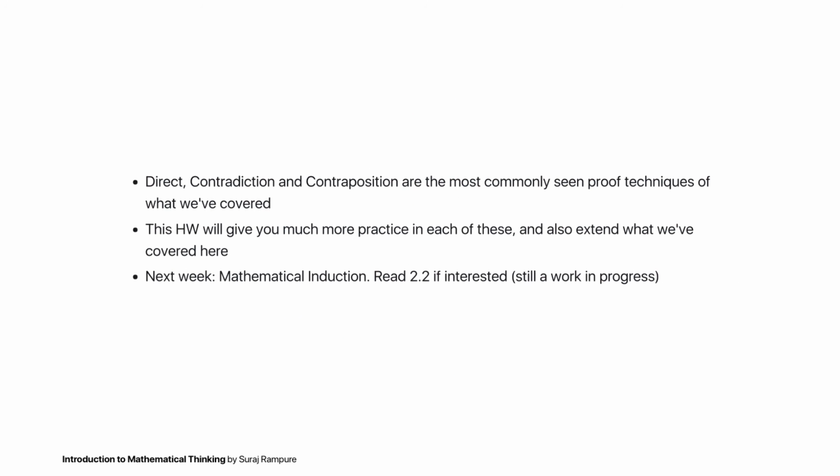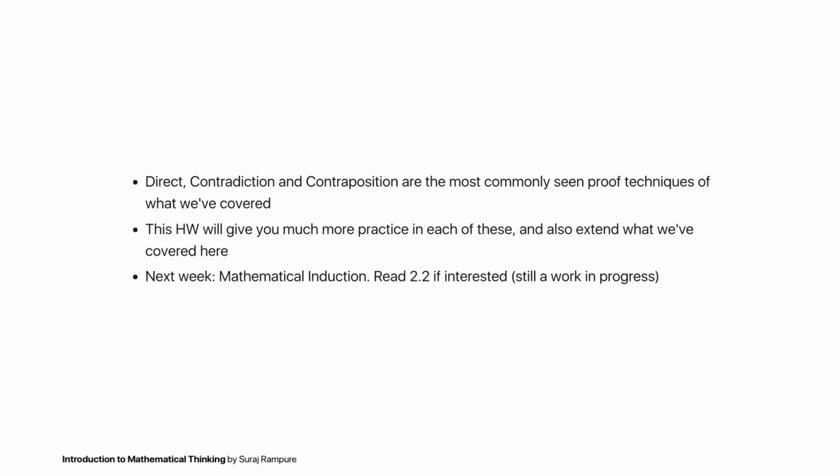So sort of to wrap this up, the ideas of a direct proof, a proof by contradiction, and a proof by contraposition will probably be the ones you see the most of what we've covered. And you'll get a lot more practice in this week's homework. You'll have practice doing questions with both contradiction and contraposition, like we saw in lecture today.